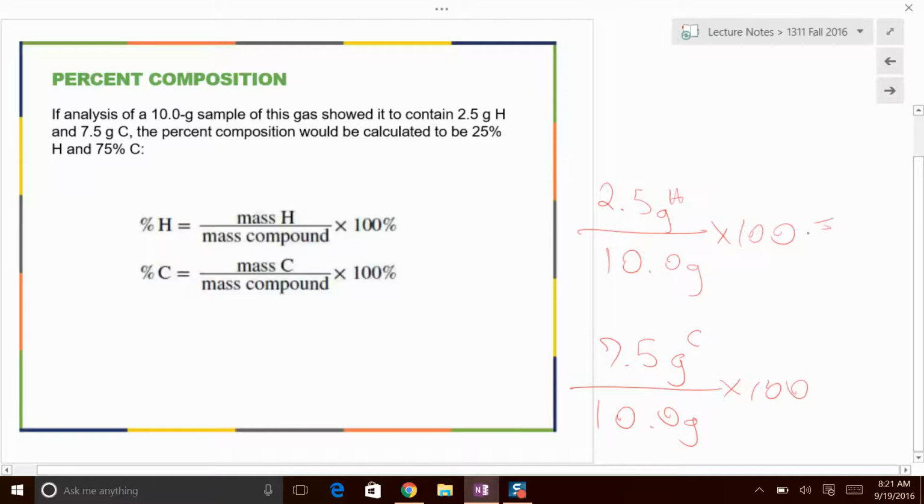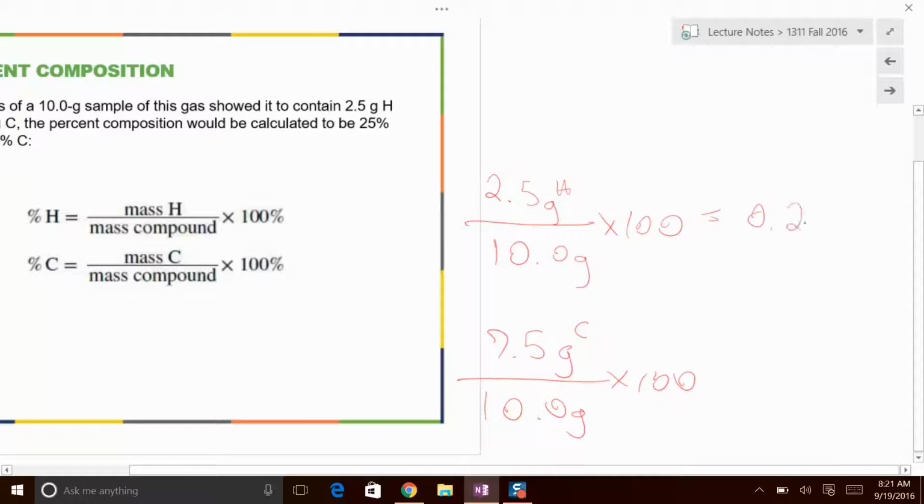So this one's going to equal 0.25, and times 100 it will be 25%. This one's going to be 0.75, times 100 will equal 75%. So 75% of this mass of 10 is carbon, and 25% of this mass is hydrogen.